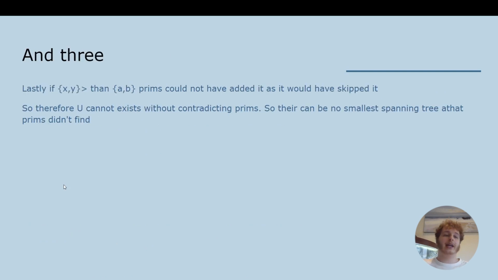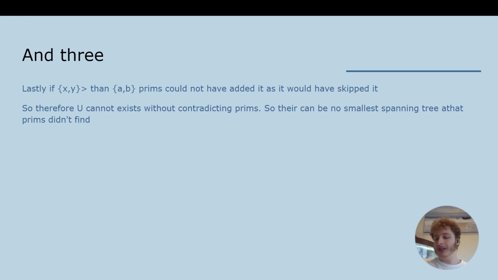And lastly, three. If X to Y is greater than A to B, then when we ran it through Prim's, it could not have been added, as Prim's would have skipped it. Now this does sound a little bit contradictory, not from the fact that we're proving by contradiction, but more from the fact that it sounds like we're saying Prim's is correct because Prim's is correct. I think you should look a little bit deeper into it.